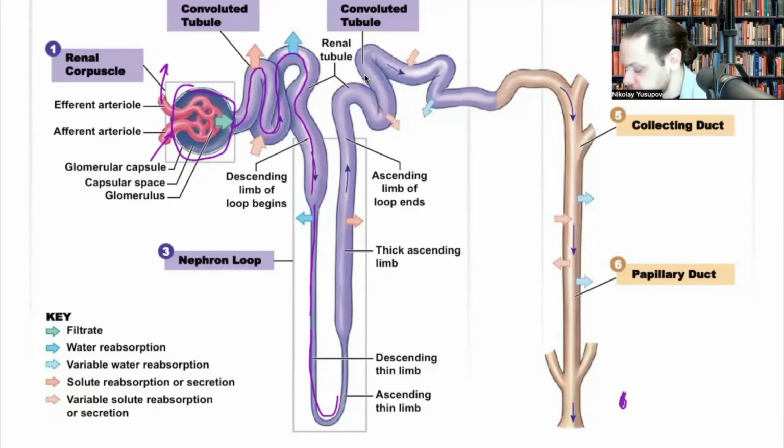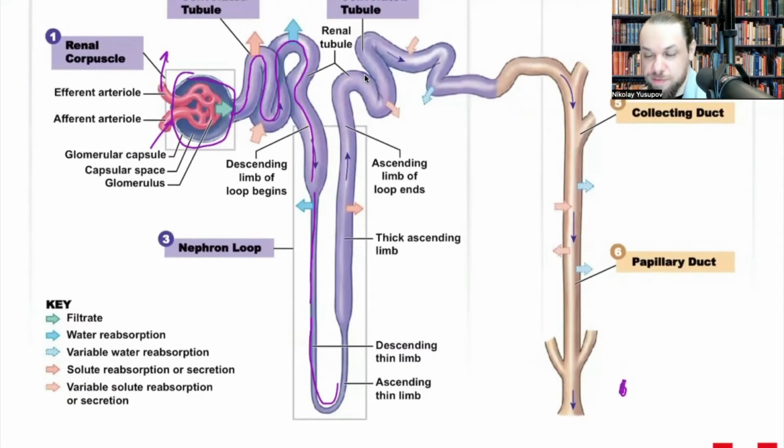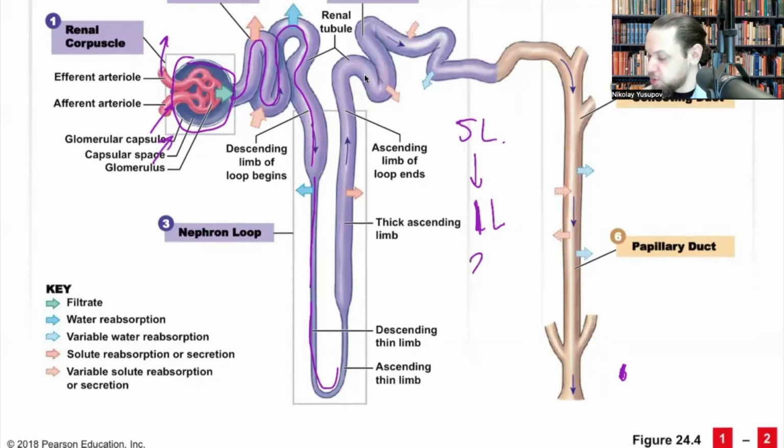We talked about, roughly speaking, if your cardiac output is 5 liters, about 1 liter is going to go to the kidney. Actually, we were talking about the makeup of it initially.